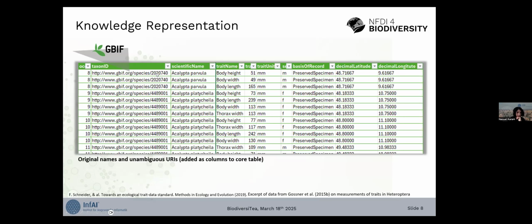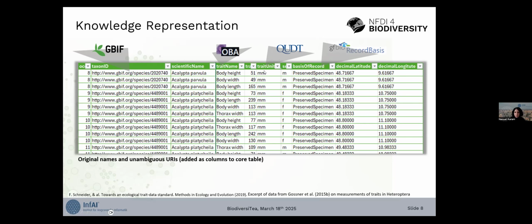So you can see here in the example, for instance, we need to assign original names and unambiguous URIs to standardize the content of the table. For instance, here we have species URIs from GBIF that are already in the table, and we could also connect, for example, the trait names to the observations attributes, the ontology, sorry, the biological attributes ontology.